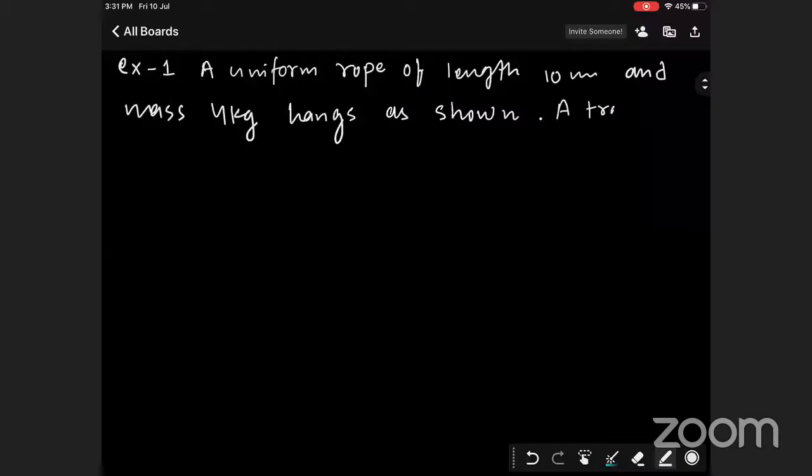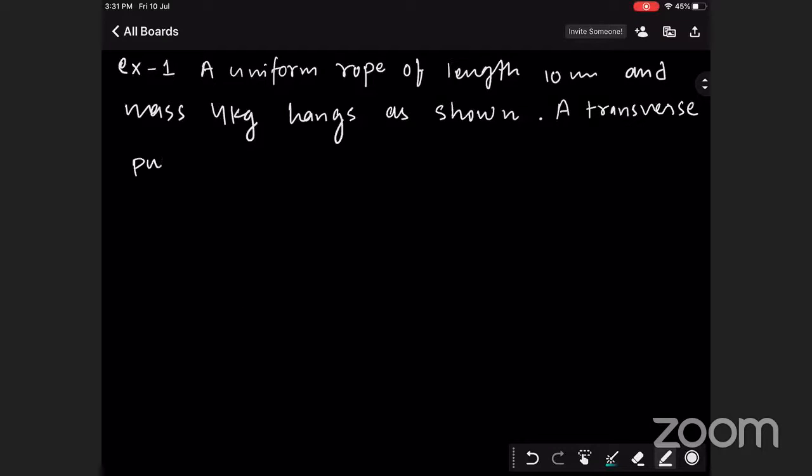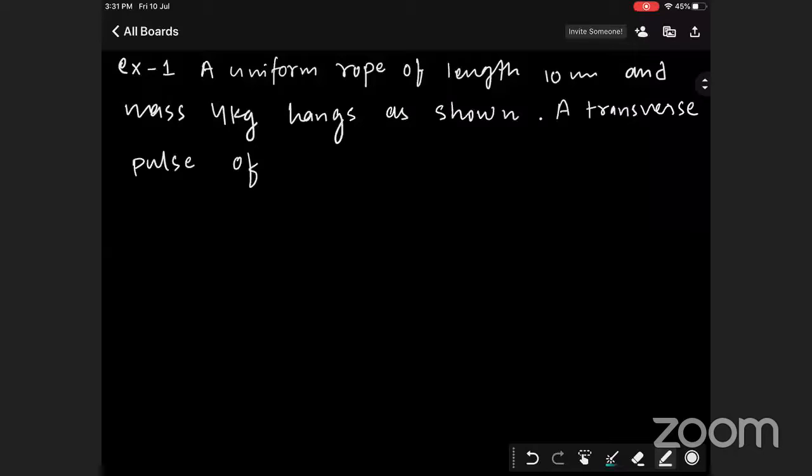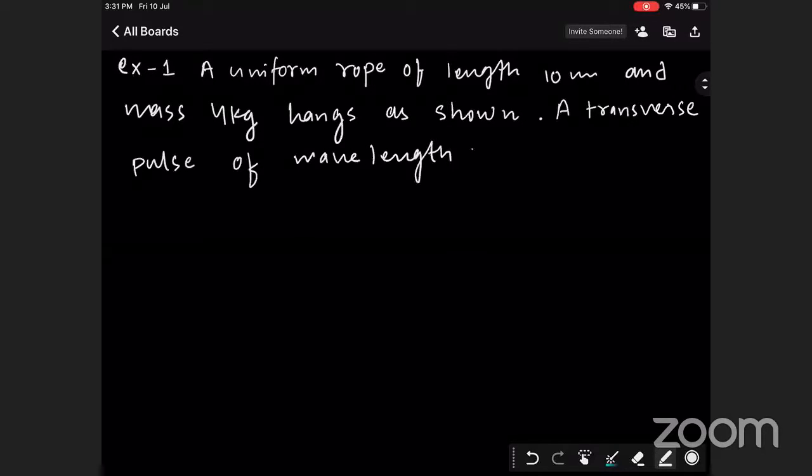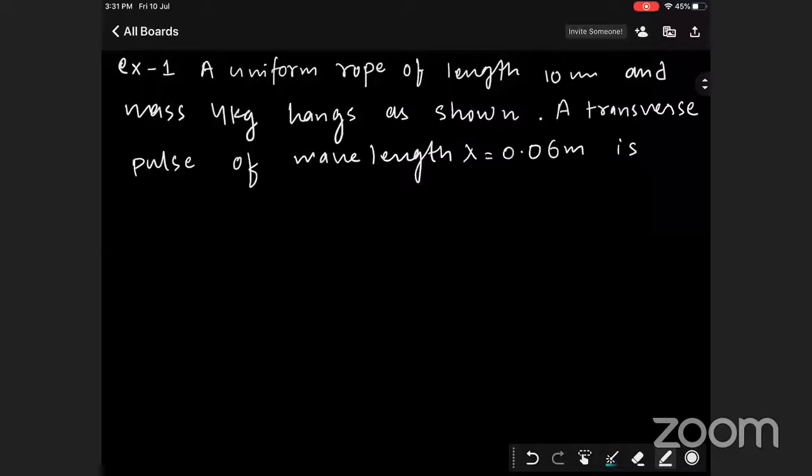A transverse pulse of wavelength 0.06 meter is produced at the lower end.